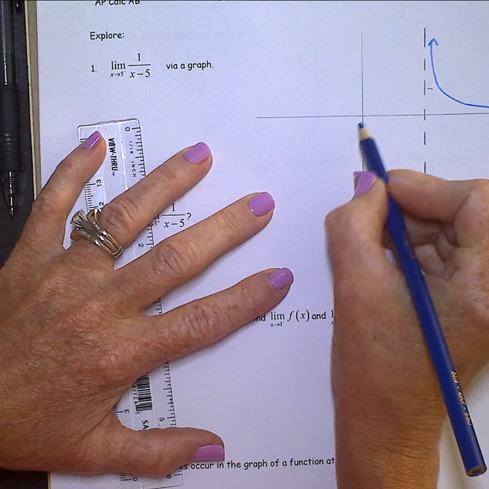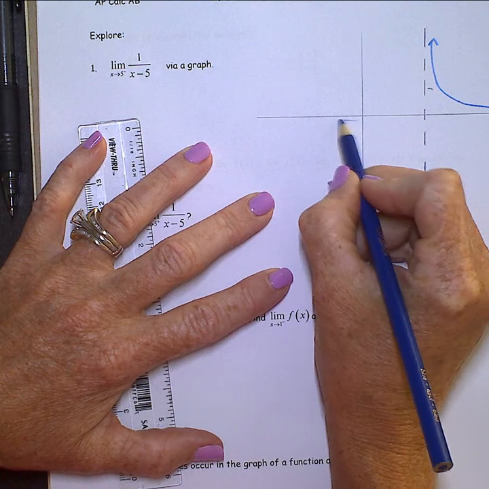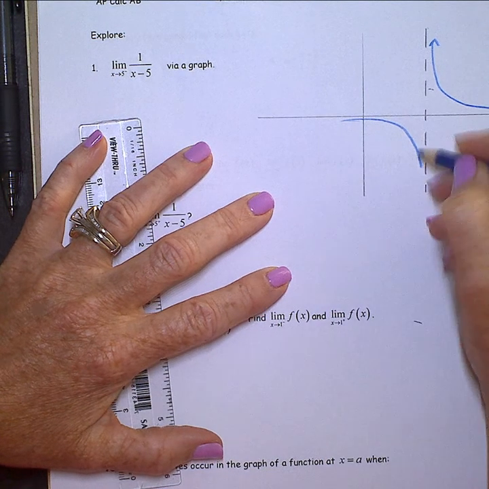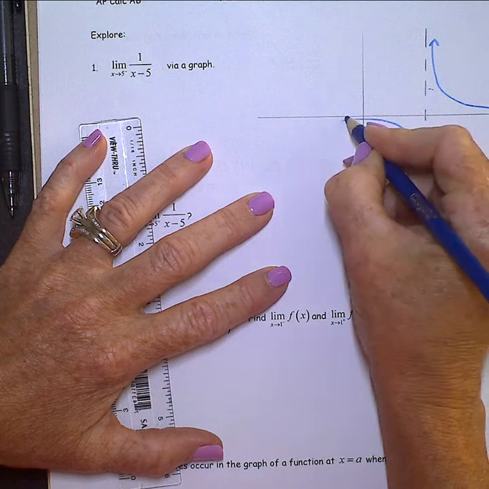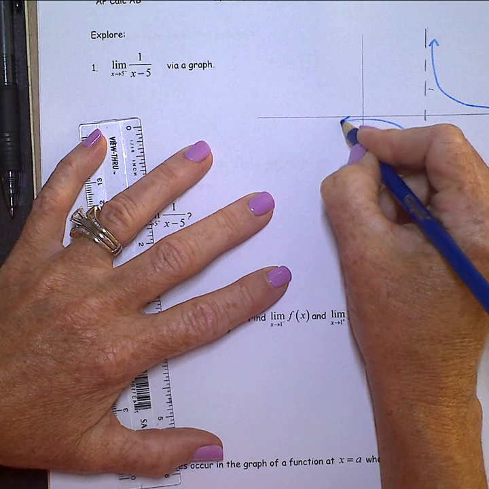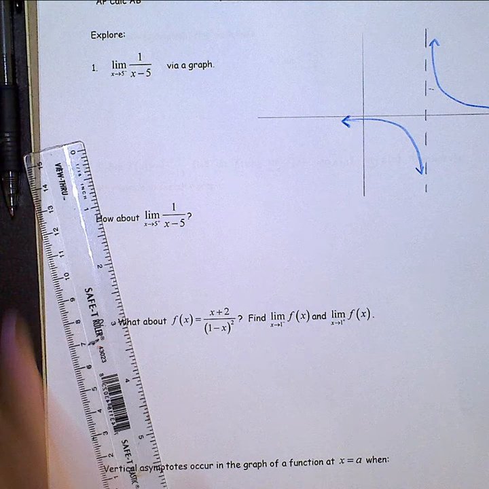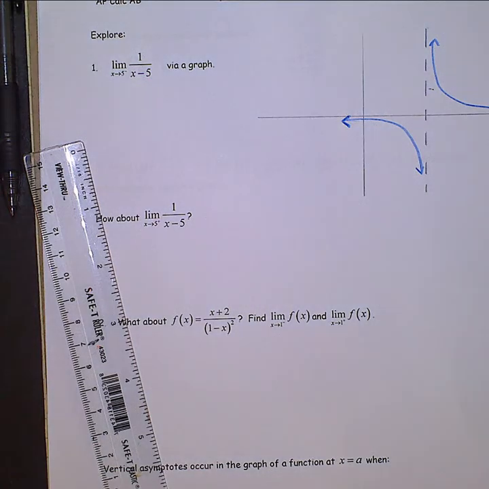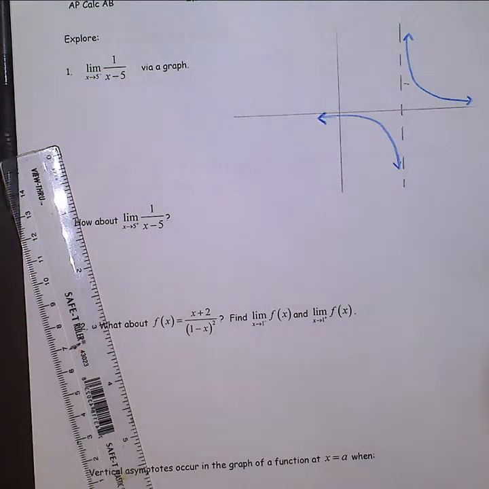Depending on your window, the graph might be a little bit flatter than this, but you should see something come up like that. We have an asymptote at x equals 5, a vertical asymptote at x equals 5.